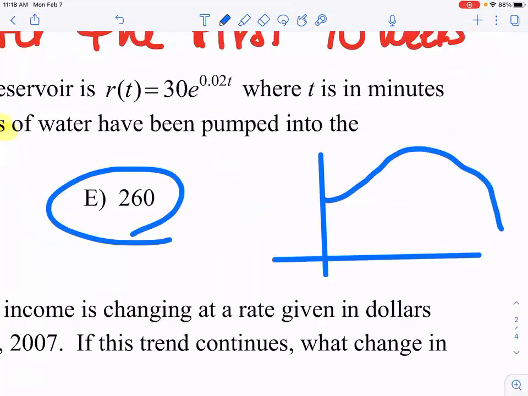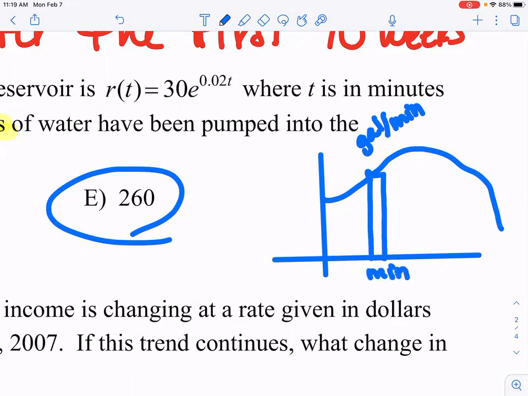Okay, so we're adding up a bunch of rectangles under the curve for our area, essentially. Each of these has height something gallons per minute, and our x-axis is minutes.